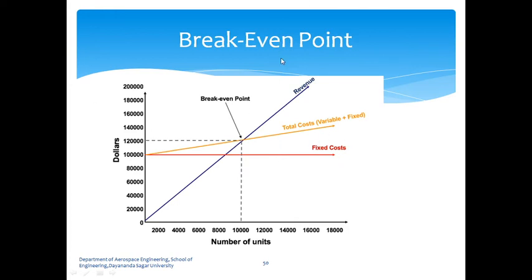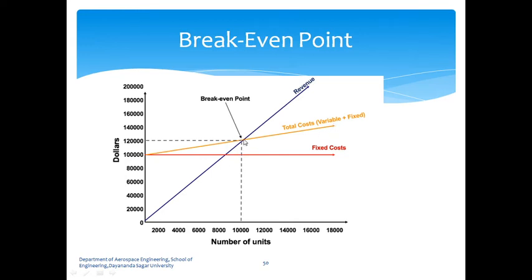Now in the same graph, I am trying to show the revenue, in the sense the amount of money you get after selling your product. Obviously when the units are 0, there is no revenue, you don't have anything to sell. As you increase the production and are able to sell more components, the revenue also shoots up. So this is your revenue and this is your total cost.